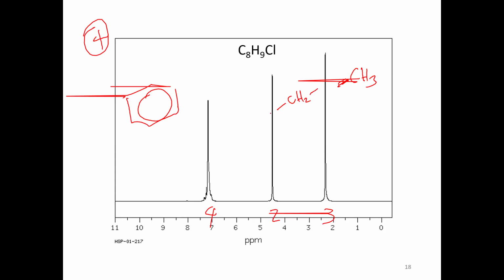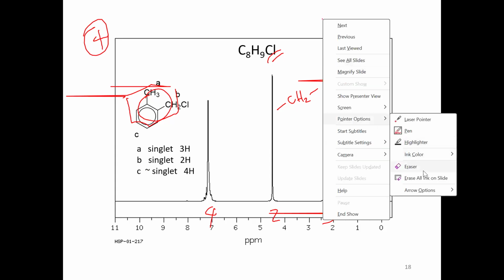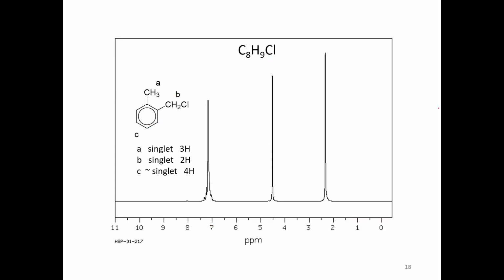On the CH2, the something else is the aromatic ring, plus you need to place a chloride. So this is the molecule that you have seen before.